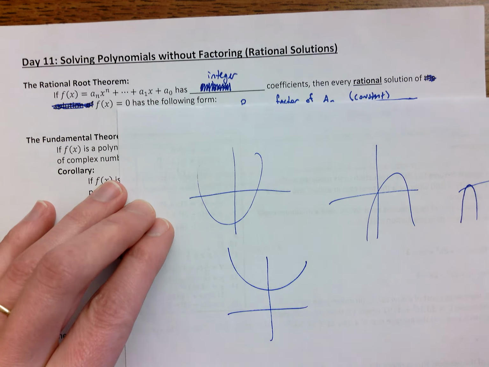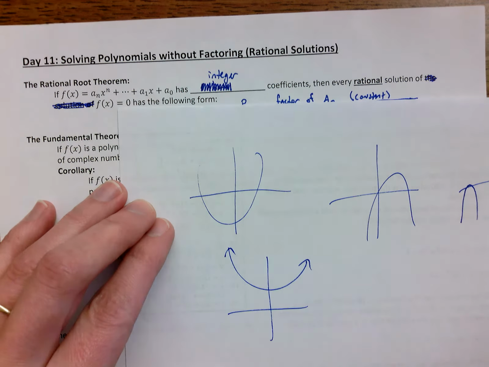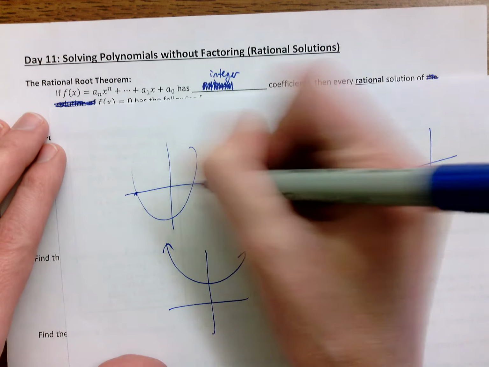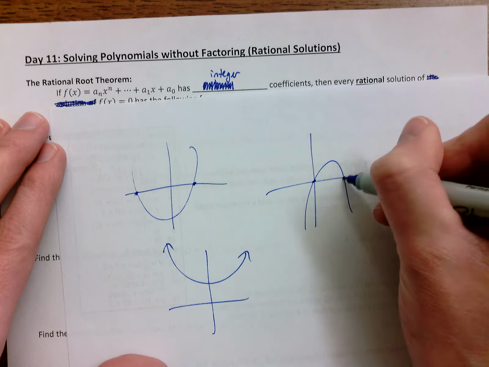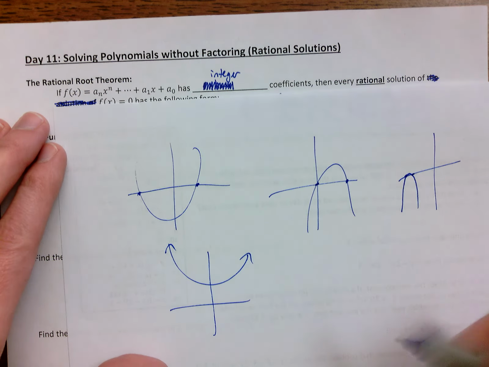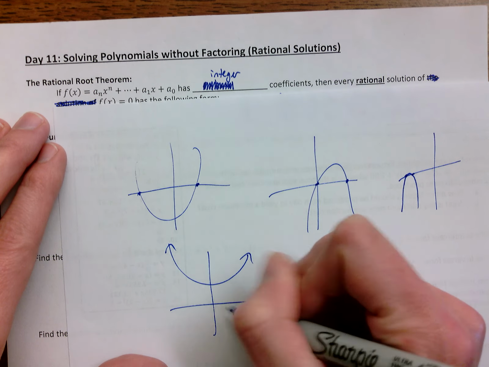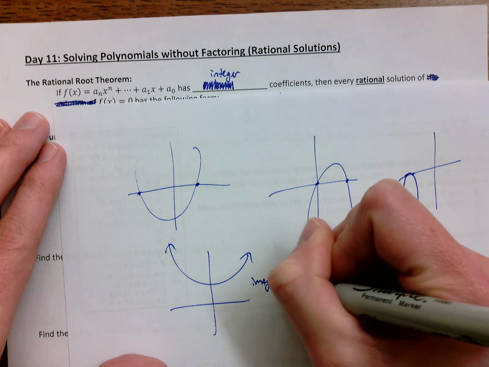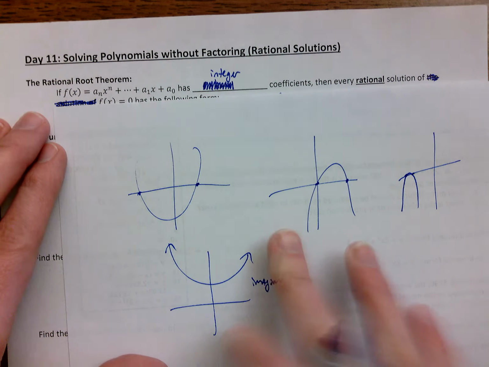No matter how I draw this parabola, it's going to cross the x-axis, in which case those are complex numbers. Real numbers are considered complex numbers. Or it won't cross the x-axis, in which case we know that it's got some imaginary solution. So that's our options.